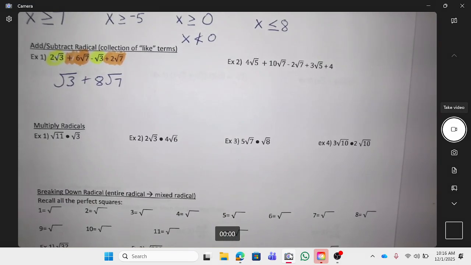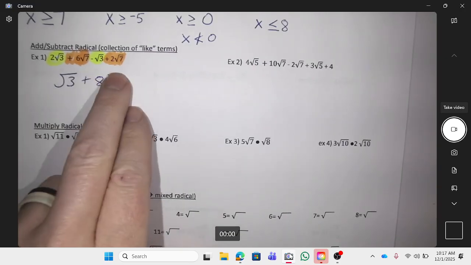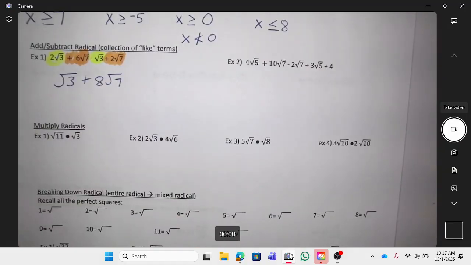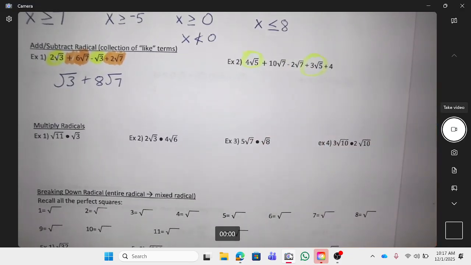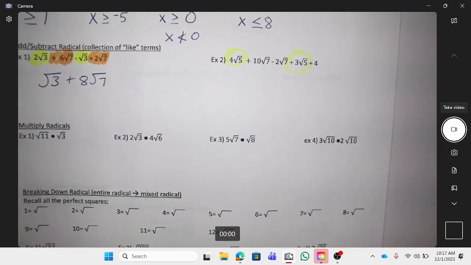Just think about that root like a variable, right? 6x plus 2x makes 8x, kind of that idea. Here I can put the 4 root 5's with 3 more root 5's.